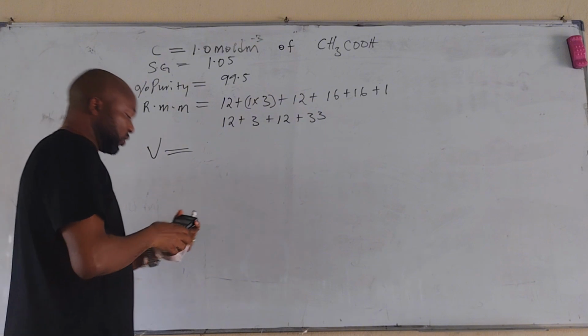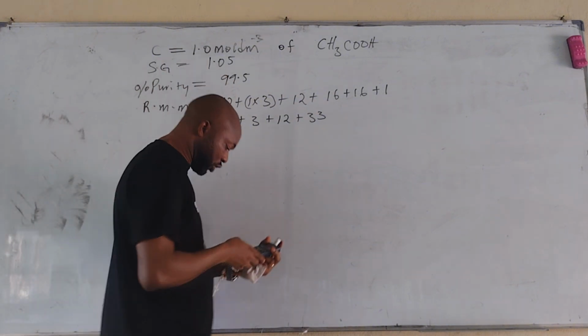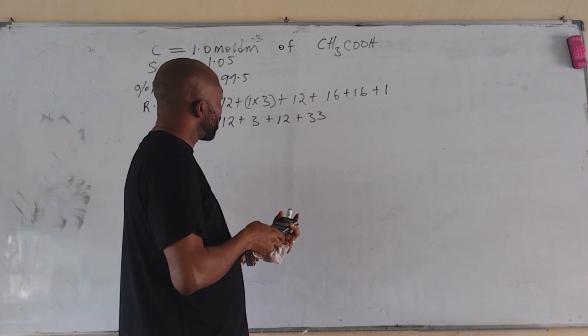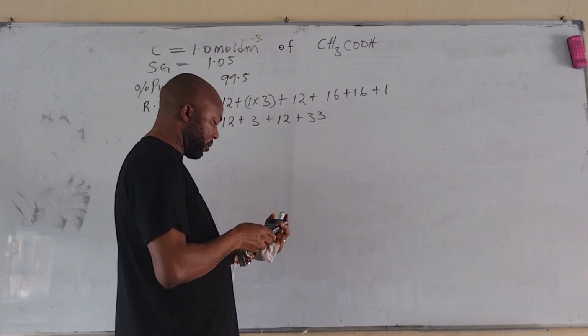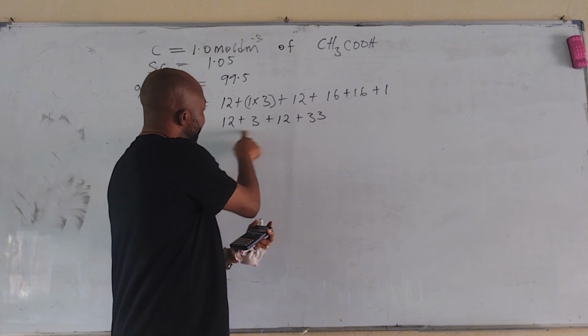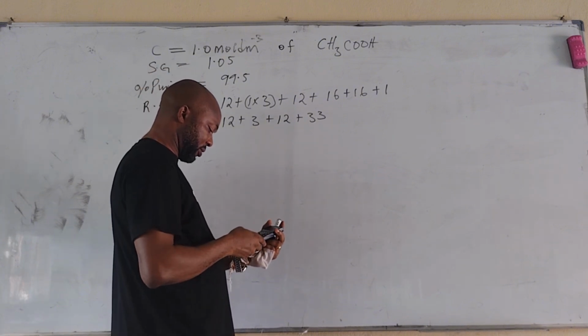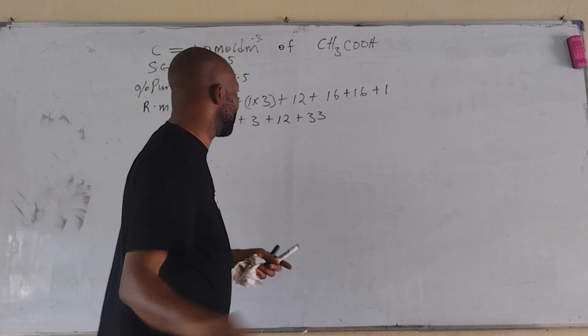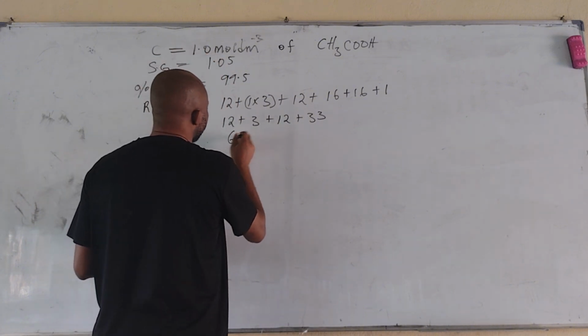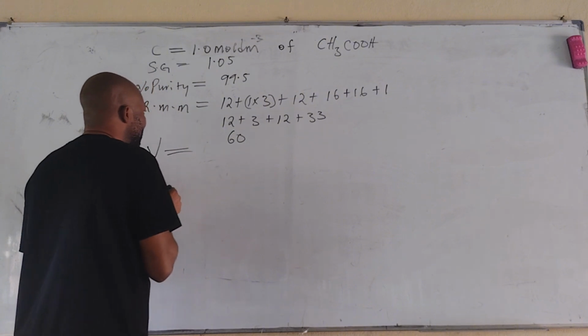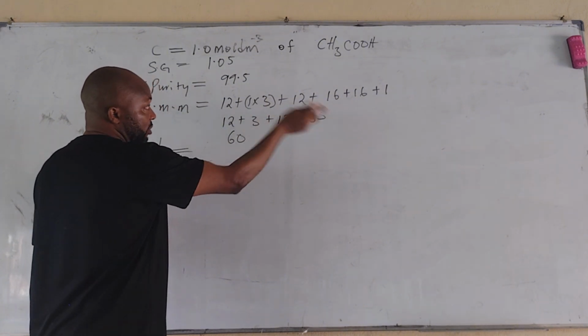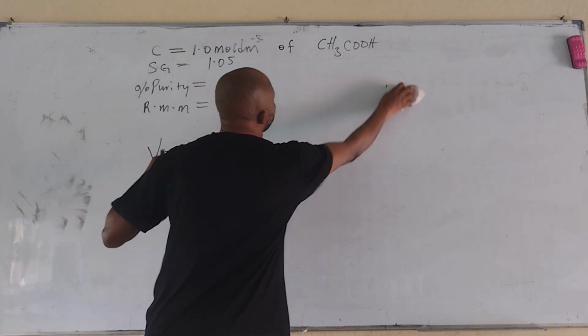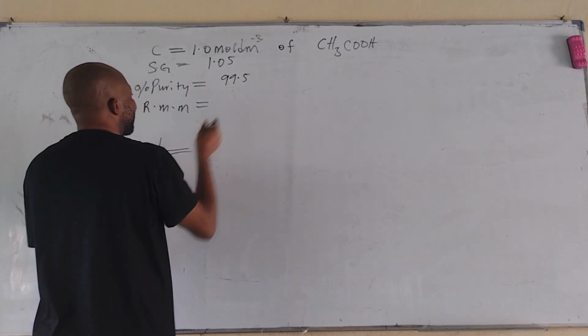You can use your head to do that, but I don't want to waste time. So the relative molecular mass of ethanoic acid is 60. I have my 60 here.